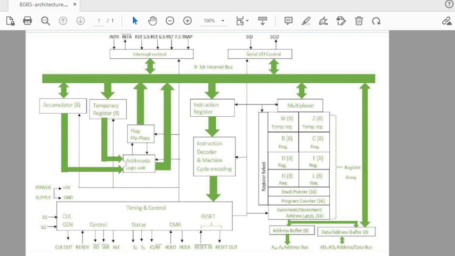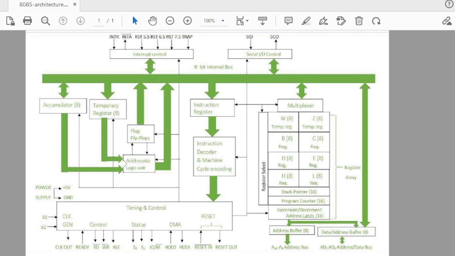There are total 5 interrupts: INTR, RST 5.5, RST 6.5, RST 7.5 and TRAP, out of which TRAP is a non-maskable interrupt, and INTR, RST 5.5, RST 6.5 and RST 7.5 are maskable interrupts.